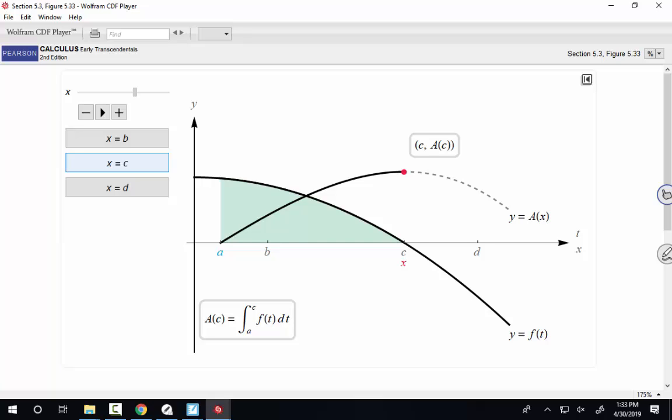Does everybody see that? So the area function keeps increasing because the green area is all above the x-axis, which means that it's all positive and I'm adding more and more area. So the area function is increasing, just means you're accumulating more area under the curve.